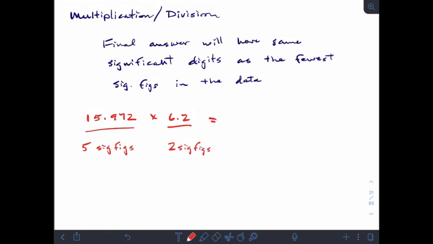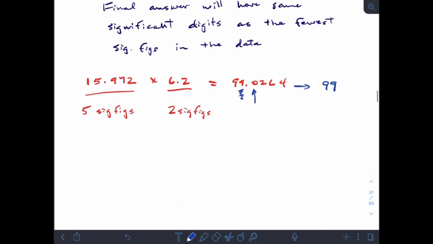Right, when I punch that into the calculator, I get a number that looks like 99.0264. Right, so I want to report a number that only has 2 significant digits. So that means that I stop right here, at that second 9. And I'm going to look one digit to the right to decide whether I round up or round down. So when I report the final answer, I'm going to report 99.